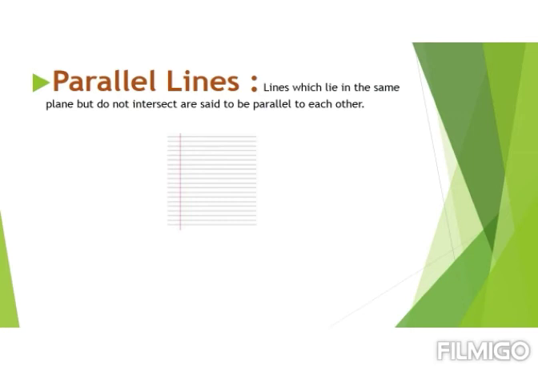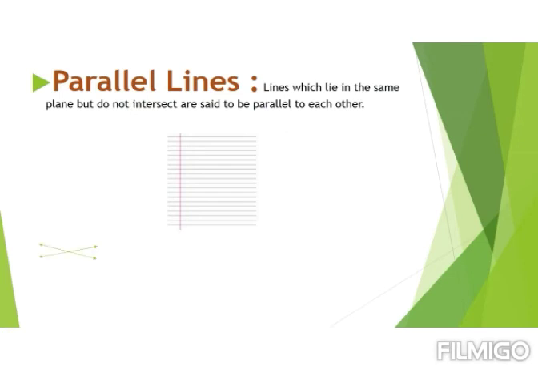If you see black lines, even if you extend these lines, these are not going to intersect each other. Hence, these all black lines are parallel to each other. But when you see the pink line, it is intersecting all the black lines. Means the pink line and the black lines are intersecting each other. That means they are not parallel to each other.